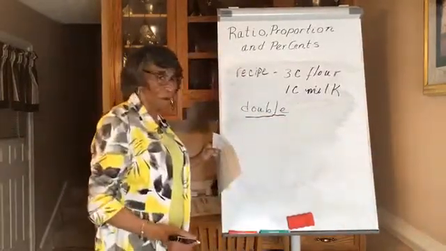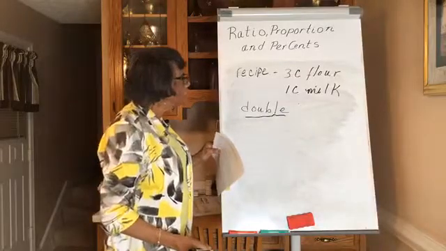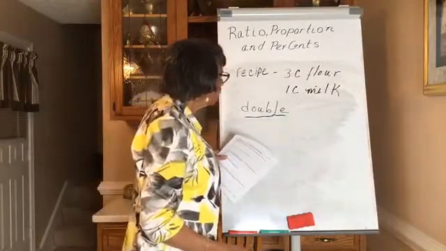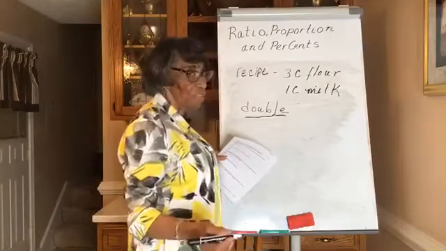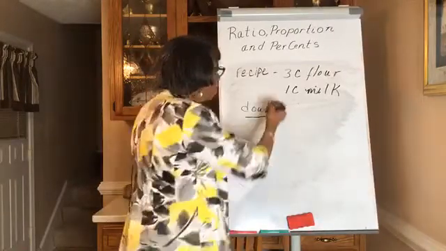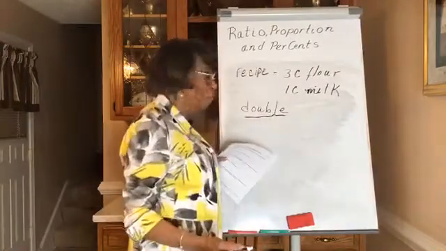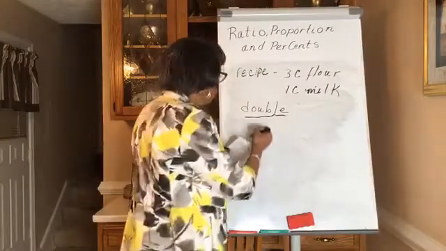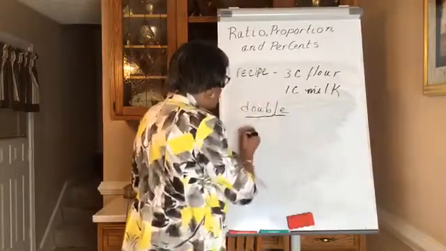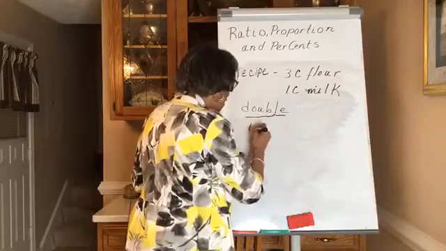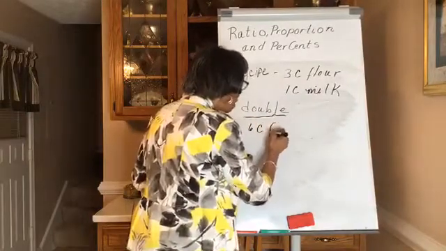All right, so the ratio of the flour to the milk, there are several ways you could look at this. If I double it, I just merely multiply both by 2. So if I double it, it would be what? 2 times 3 is 6 cups of what? Flour.